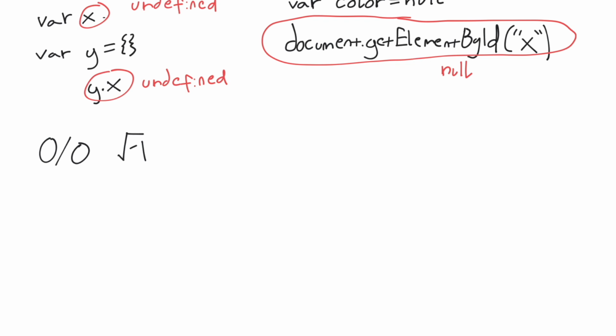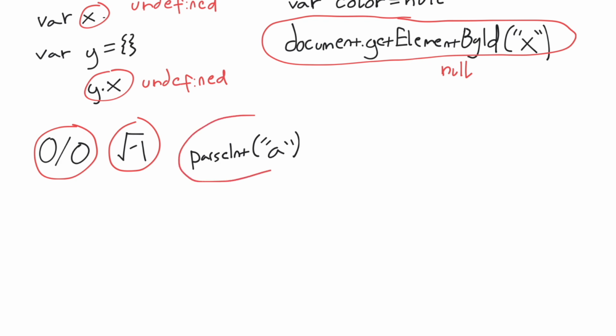Another really common situation where you would get not a number would be if you would take something like a string that can't be converted into a number, and you would try and parse it into a number or convert it into a number. All of these are going to evaluate to not a number.